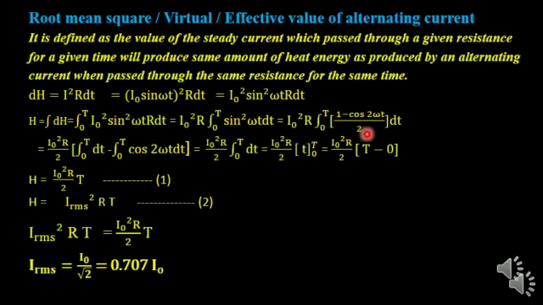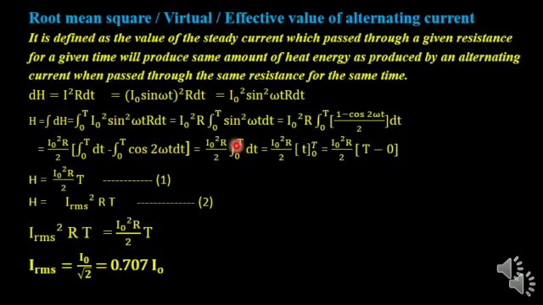So H equals I0 square R integral 0 to T inside the bracket 1 minus cos 2 omega t divided by 2 into dt. Take 2 outside and apply integration for 2 terms. Then H equals I0 square R divided by 2 integral 0 to T dt minus integral 0 to T cos 2 omega t dt. Since the second term of the integration is 0, H equals I0 square R divided by 2 integral 0 to T dt.